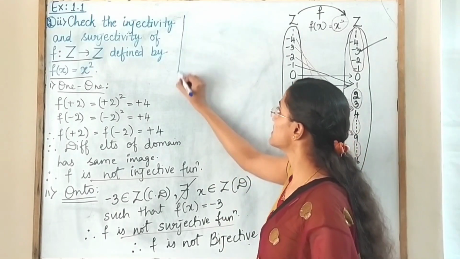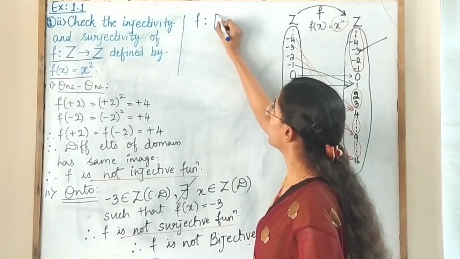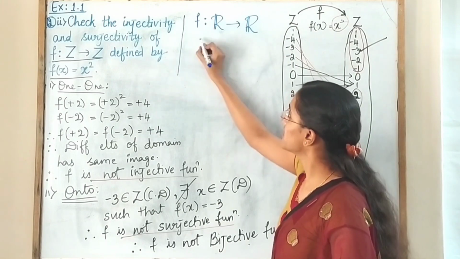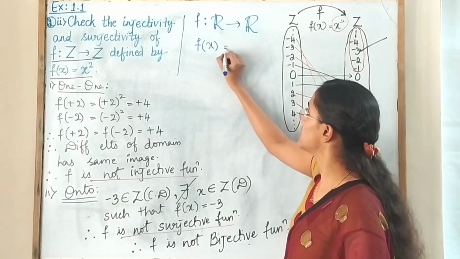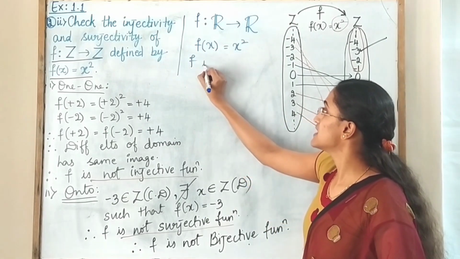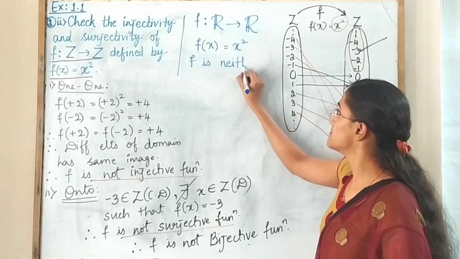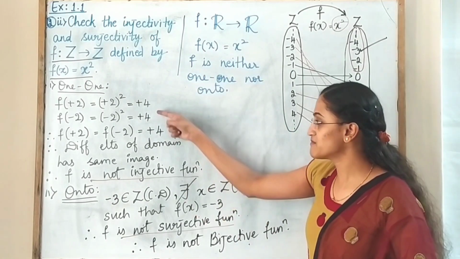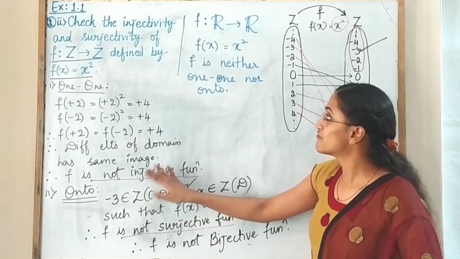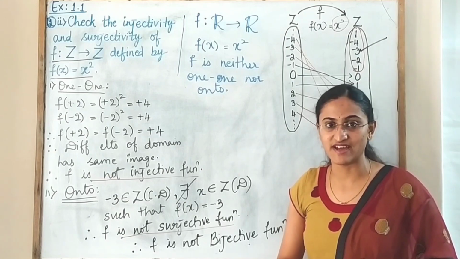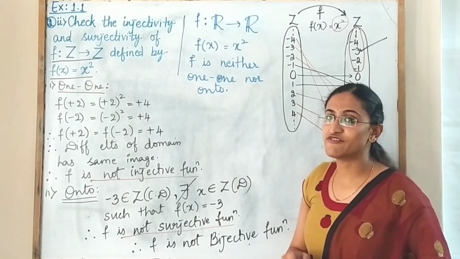If the function f is defined from the real number set R to the real number set R by the same definition, f of x is equal to x square, even then you can prove that f is neither 1-1 nor onto. You may use the same counter examples which we have done here to prove that it is neither 1-1 nor onto. That's all for the day.